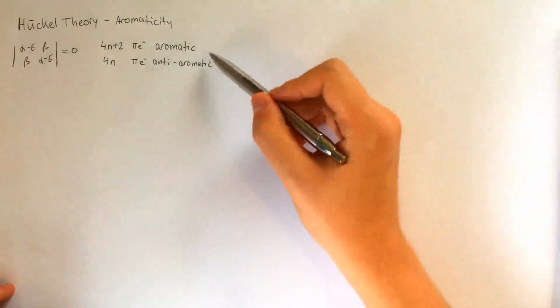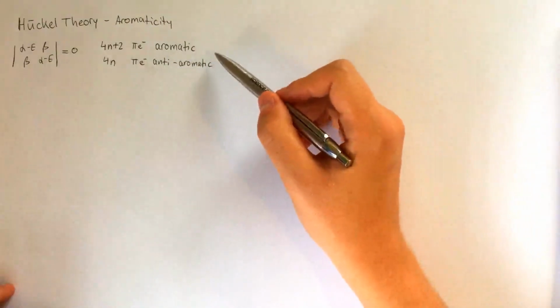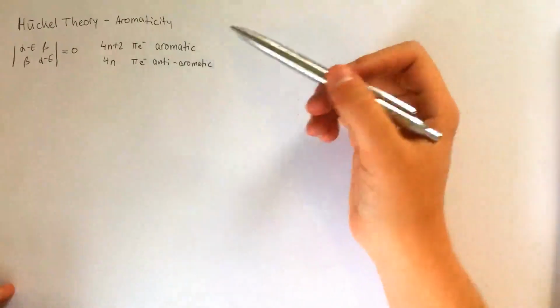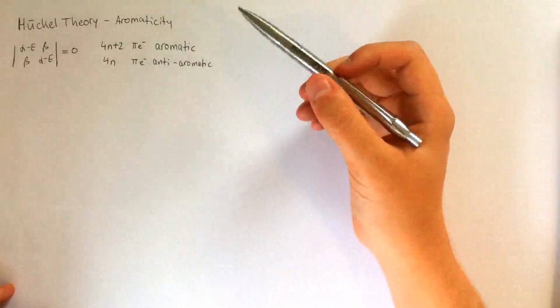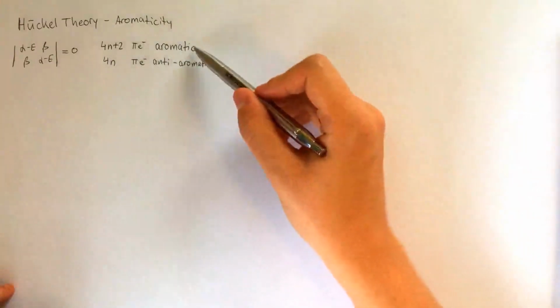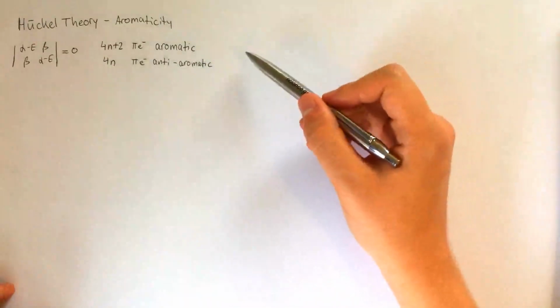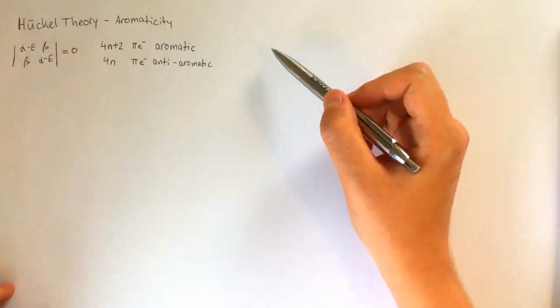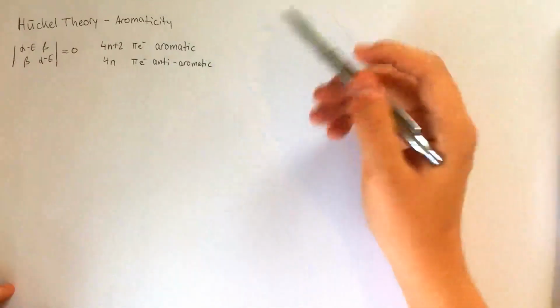Here I've written down how probably most people know Hückel theory when it comes to aromaticity. When a hydrocarbon has 4n plus 2 pi electrons, it's aromatic, whereas if it only has 4n pi electrons, it's anti-aromatic. We're going to look into what that means and where these rules come from.